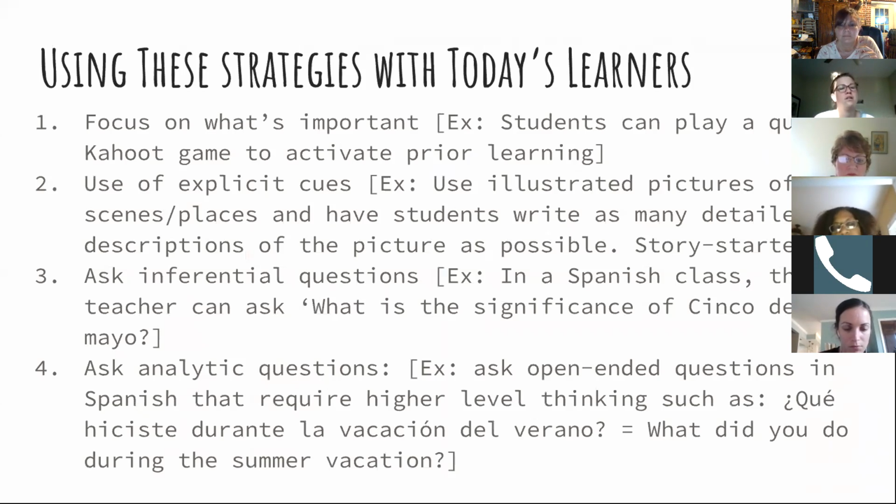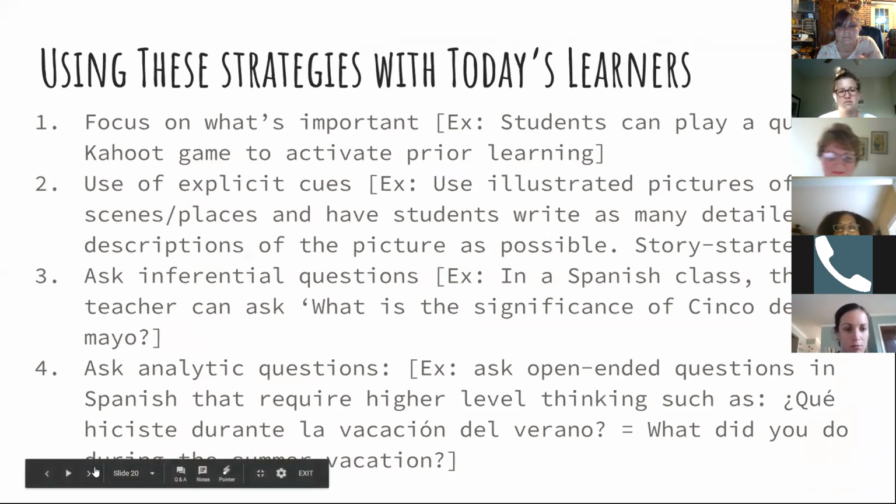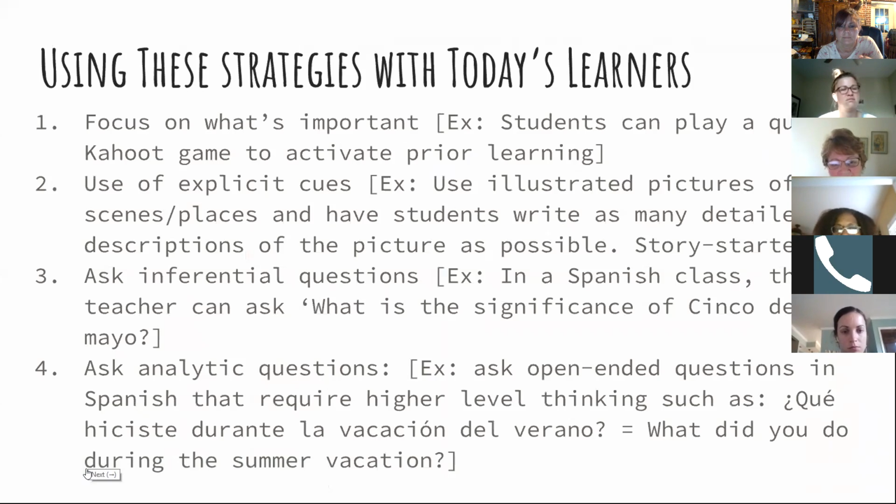And number four, ask analytic questions. Example, ask open-ended questions in Spanish that will require higher level thinking, such as ¿Qué hiciste durante la vacación de verano?, which is what did you do during the summer vacation, so that the students would not just give 1 or 2 word answers. They would have to expound on it in more detail.